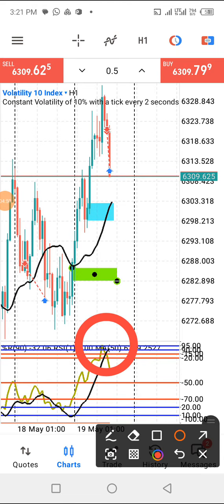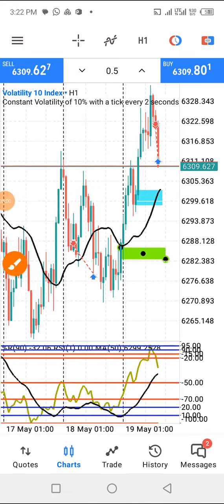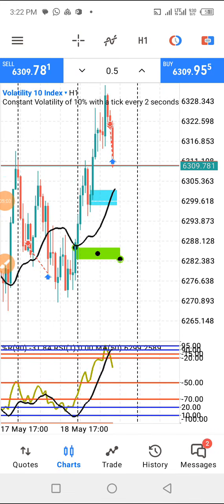The black and the green line should be around that point, because the probability will be much higher that price is going to go towards our favor. Exactly, guys. So that is how we use the strategy on any pair. You can use it on any currency pair, any synthetic pair.